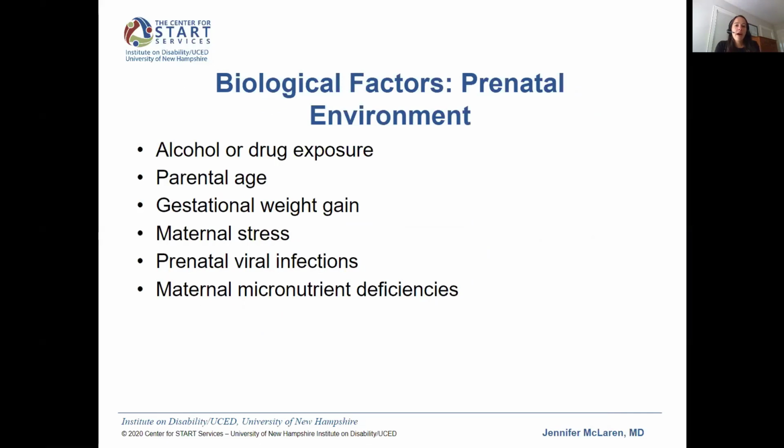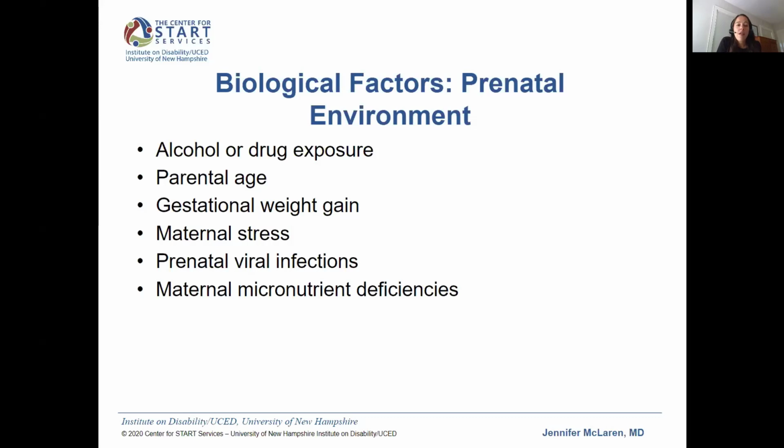You also want to think about what the prenatal environment was like for the individual. We know that alcohol and drug exposure affects the developing brain. Alcohol exposure can cause fetal alcohol spectrum disorder. Even if somebody doesn't have the physical manifestations of it, it can affect their brain development and cause cognitive limitations, ADHD, memory difficulties, and difficulties with receptive and expressive language.